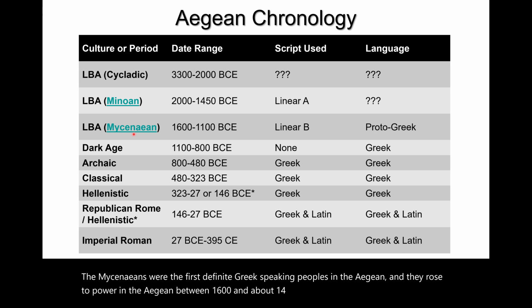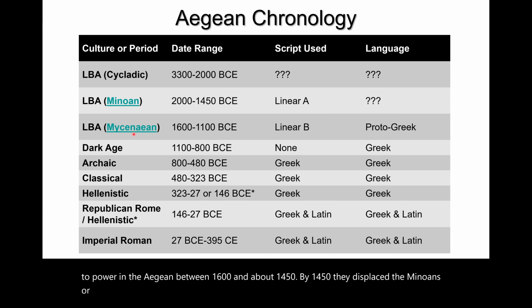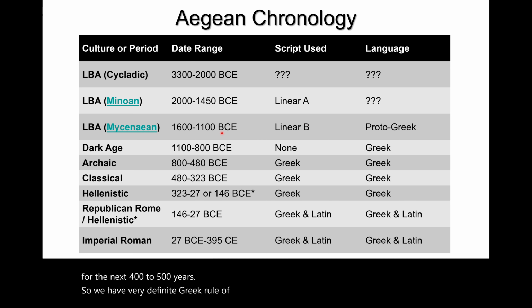By 1450, they displaced the Minoans, or they amalgamated with the Minoans, and the Mycenaeans basically dominate the Aegean for the next 400 to 500 years. So we have very definite Greek rule over the Aegean.